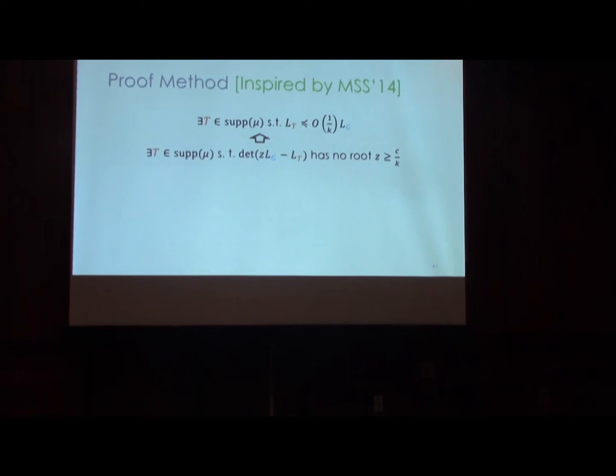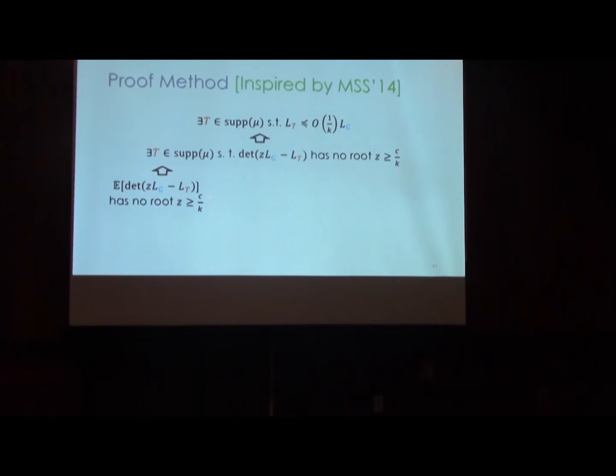It's not very hard to see. Now, we are going to be working with these mixed polynomials. I want to find a point in the support such that this polynomial has no large roots. As in the case of MSS, we are going to be taking the expectation of these polynomials, and the expectation is over this subset T, which is distributed according to the given strongly Rayleigh measure.